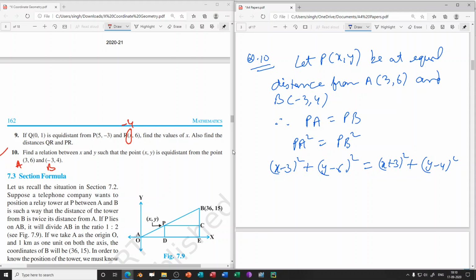Now just we'll use the formula of a minus b whole square, and here also a minus b whole square, here a plus b whole square. So let us solve it. This will become x square minus 6x plus 9 plus y square minus 12y plus 36 equal to x square plus 6x plus 9 plus y square, then plus 16 minus 8y.